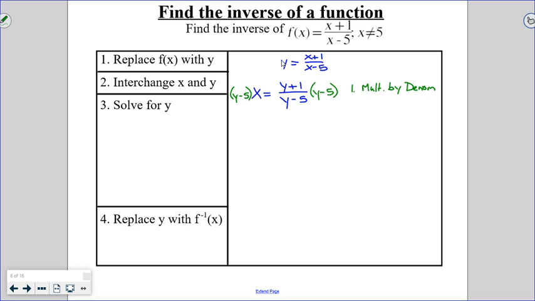When I do that, multiplying by y minus 5 and dividing by y minus 5 are going to simplify, leaving me with just the y plus 1 on the right-hand side. On the left-hand side, make sure that you distribute that x through there, giving us an xy minus 5x.